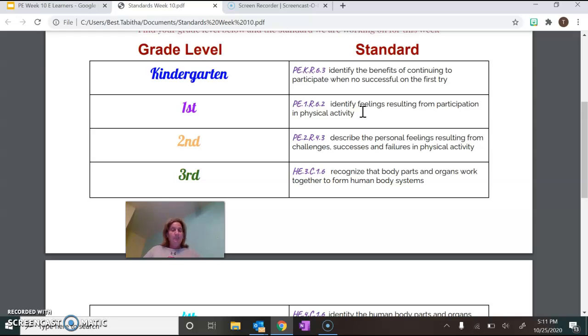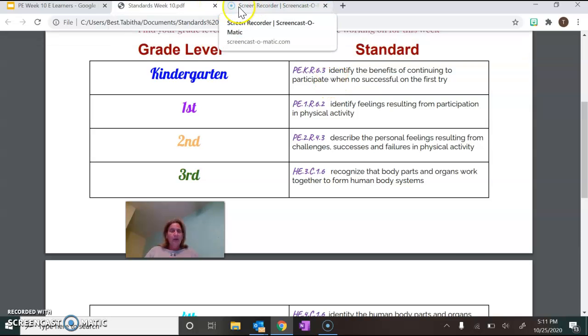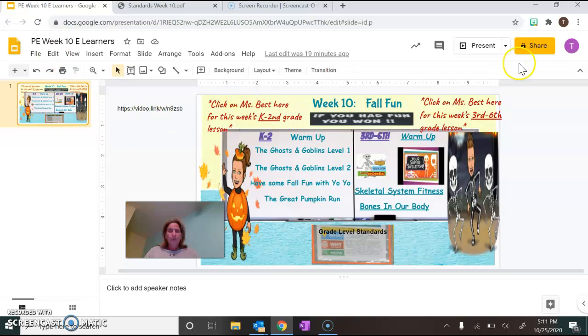Hopefully students will experience success, and when they find theirs, they're going to be excited. But they're also going to have to learn how to deal with failures, whether it was our first try, second try, or third try, knowing that when we experience failure, we still need to continue to try. Those are the standards for kindergarten, first grade, and second grade.